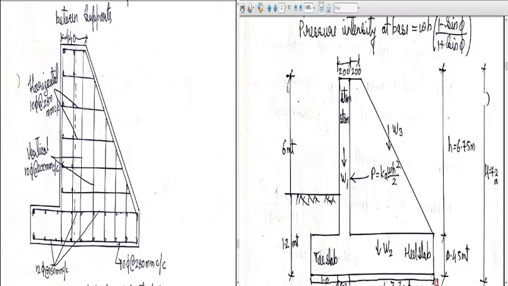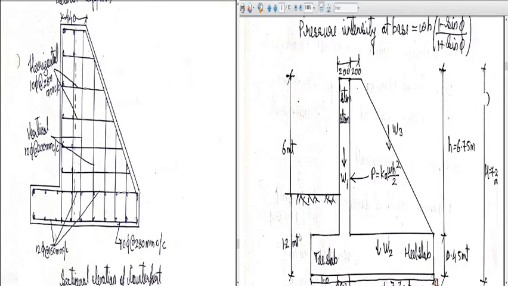The horizontal reinforcement is 10 mm at 280 mm center to center, and the vertical bars are 10 mm diameter at 200 mm center to center. And here also 12 mm diameter bars at 150 mm center to center, and 10 mm diameter bars at 280 mm center to center. So this is how the sectional elevation through the counterfort looks.